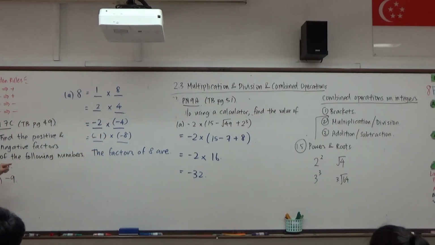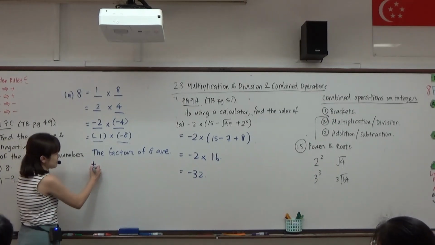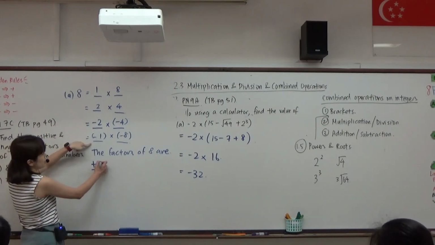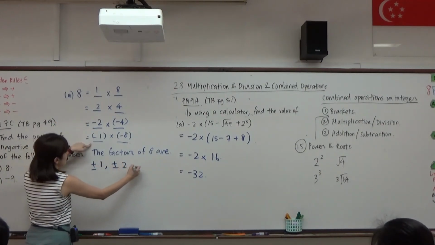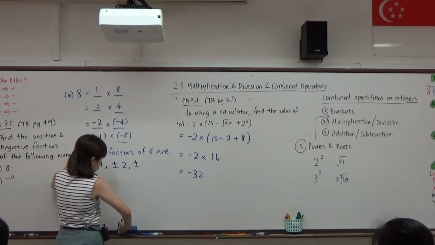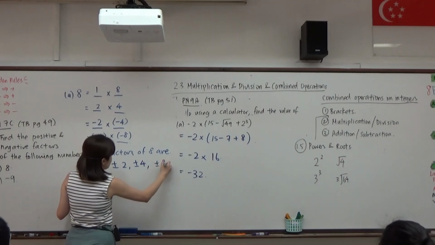I'm not going to expect you to write 16 different numbers. Let's make this simpler for us. Let's learn a simple plus minus sign, which means either positive or negative. So we have plus minus 1, plus minus 2, plus minus 4, and plus minus 8.